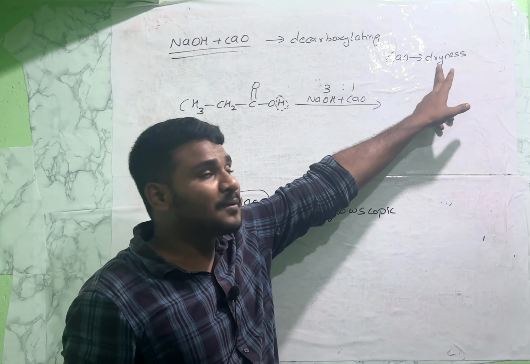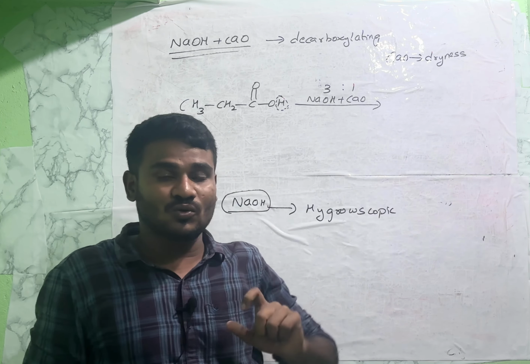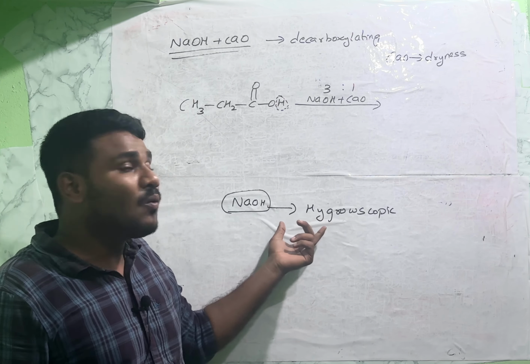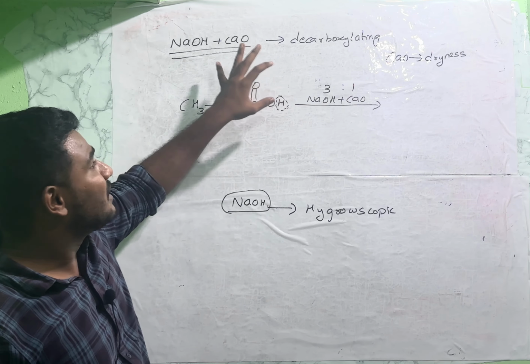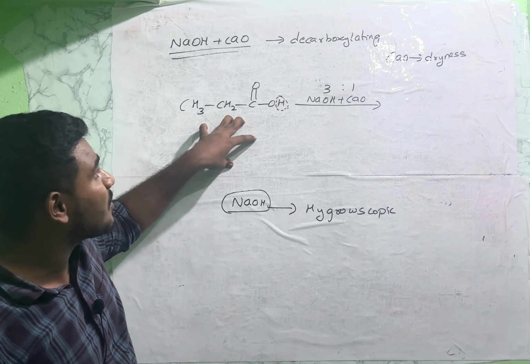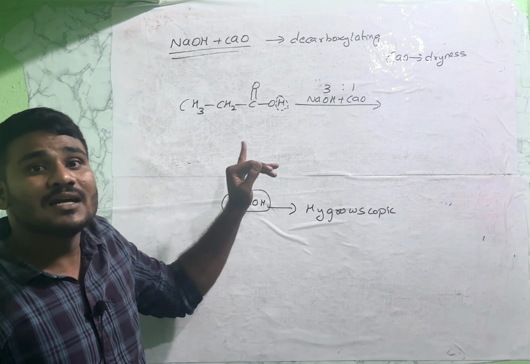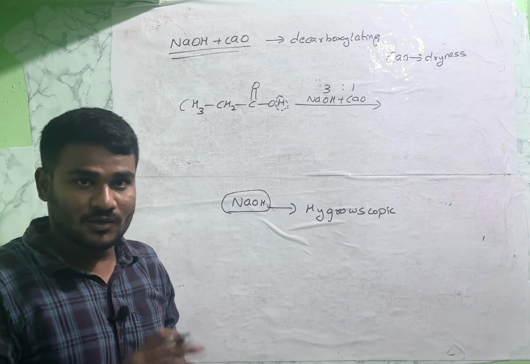So we are doing this reaction in dry conditions, right? CaO is used to dry the reaction, right? Why are we preventing water in this reaction? Because I already said we are converting this carboxylic acid to alkane. That is, the CO2 group is removed over here. You understand, right?